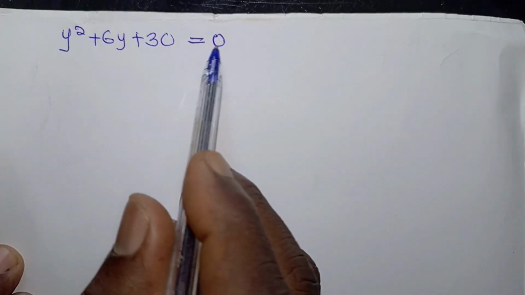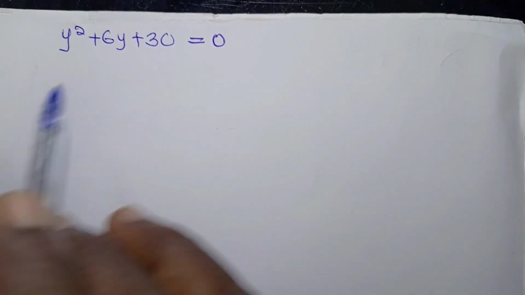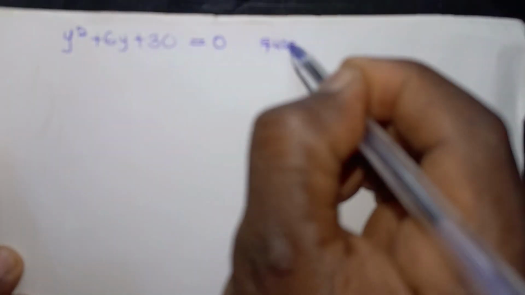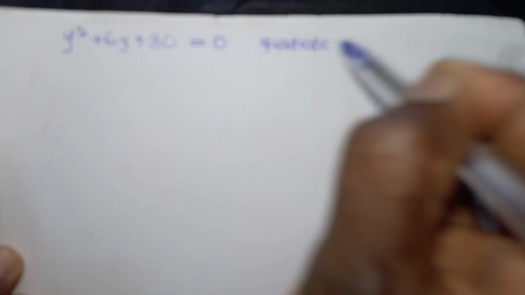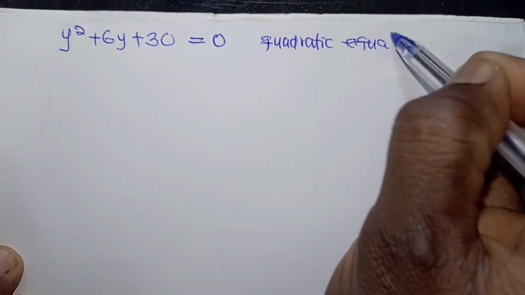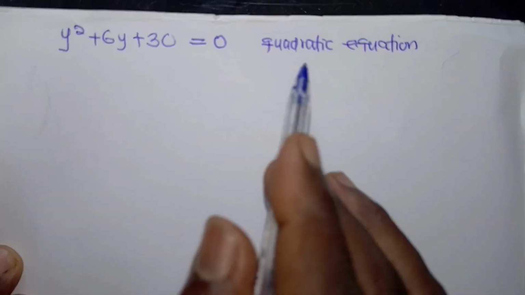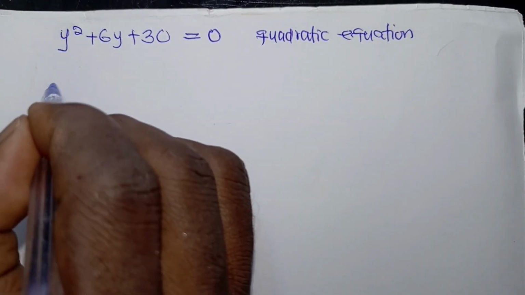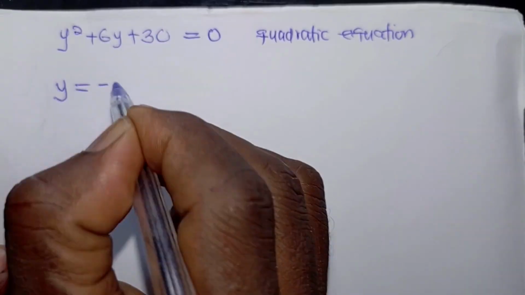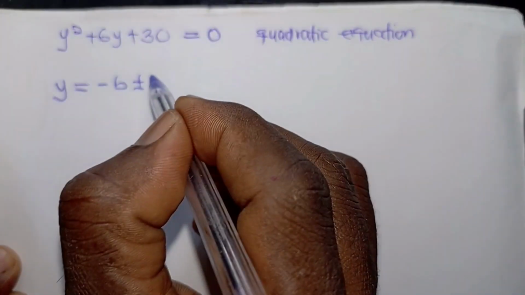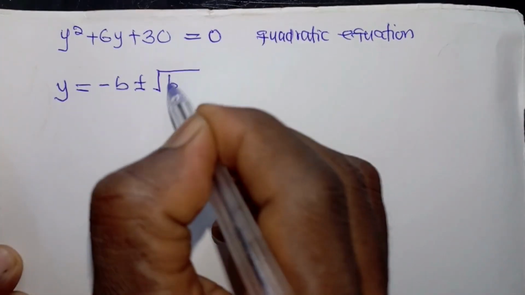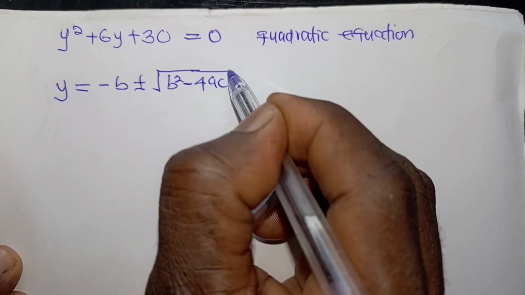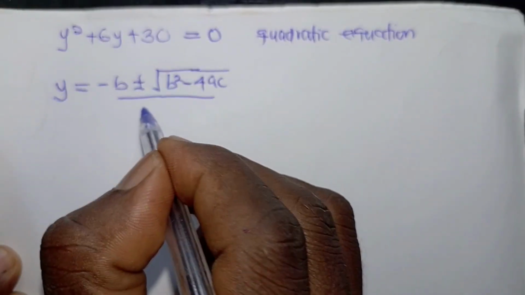Let us look at the other factor here to solve for y. So here, you know that this one is a quadratic equation. So we are going to apply the general quadratic solution formula. And that will give us y equals to minus b plus or minus square root of b squared minus 4ac all over 2a.